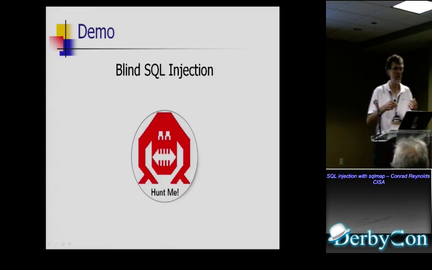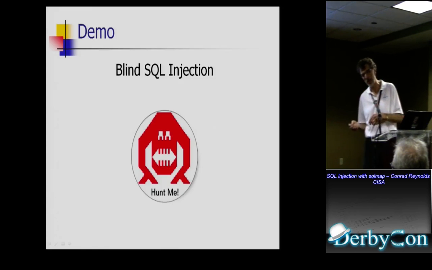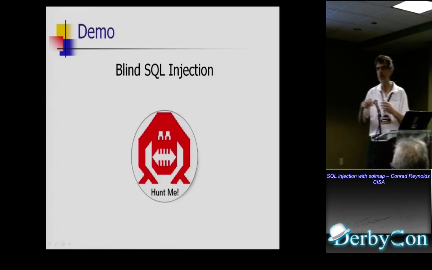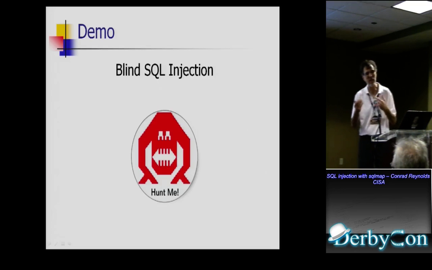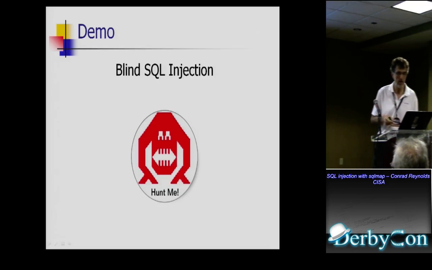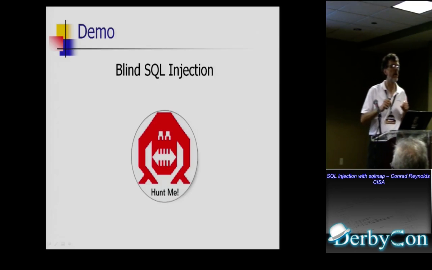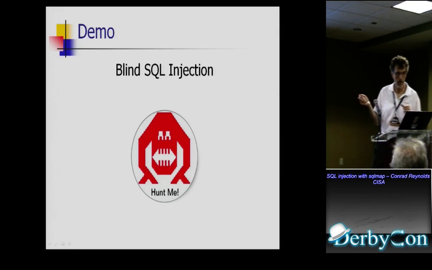Maybe you'll get a message, or it will take you to one page, or give you an option in one case or no option in the other, but you're not really getting anything from the back end. Because you can't see any of the names of the tables or the databases in the back end, we call that blind SQL injection.